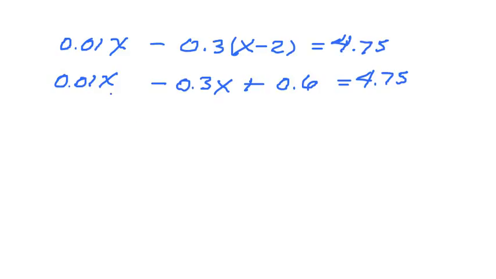Now collecting up our like terms, we have 0.01 minus 0.3, and that's going to make that a negative 0.29.